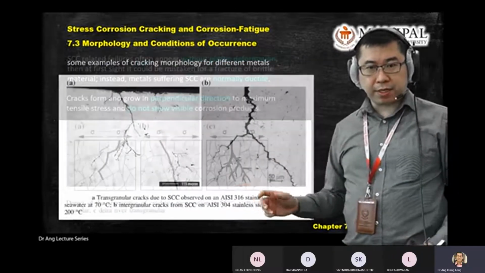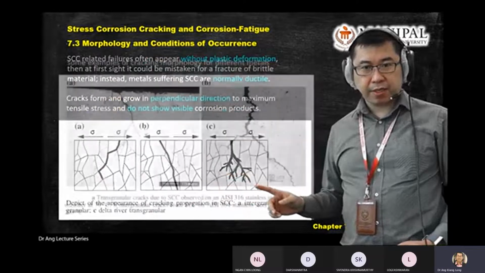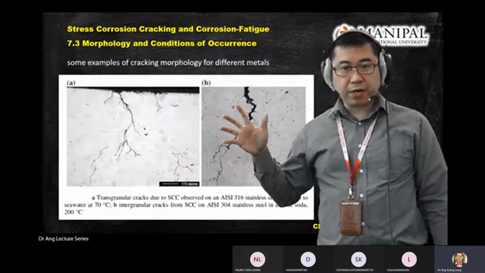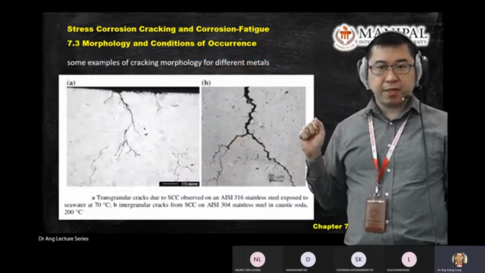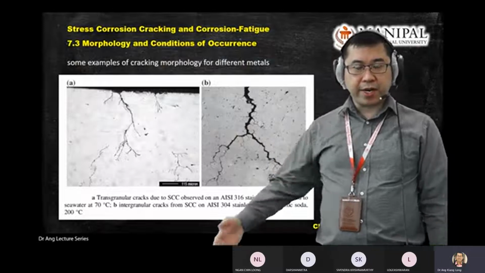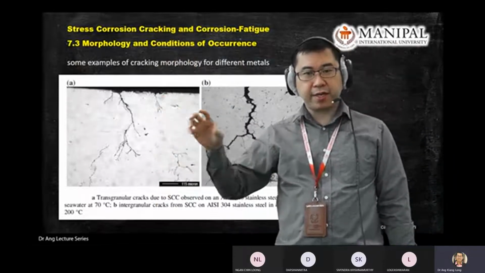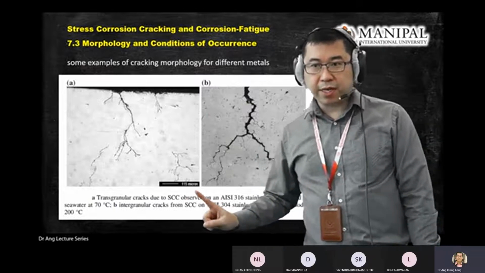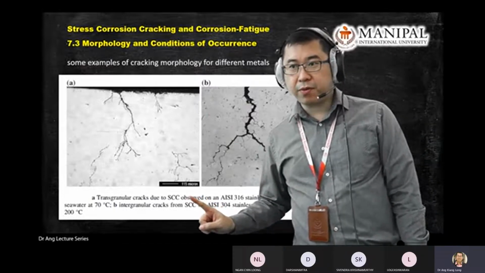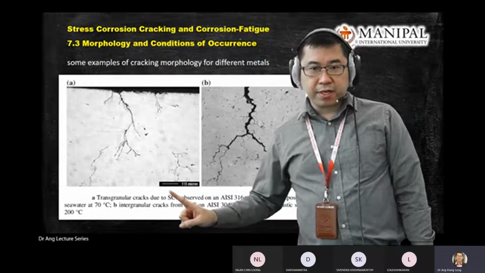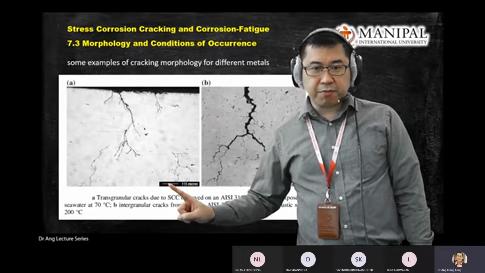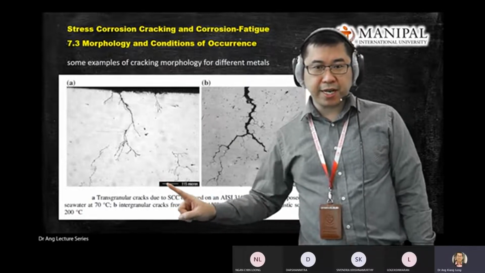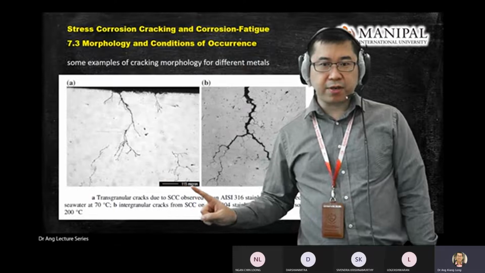So this is a schematic. This one is more on the microscopic observation, where they cut the material and look under the microscope. This one on the left is 115 micron, meaning if you measure from this point to this point, this length is 115 micron.